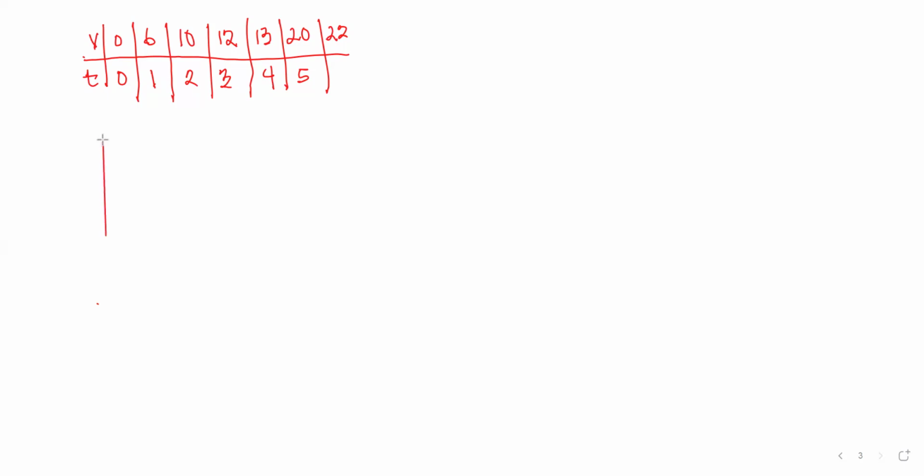So when you plot such a graph of velocity against time, you have a curve.